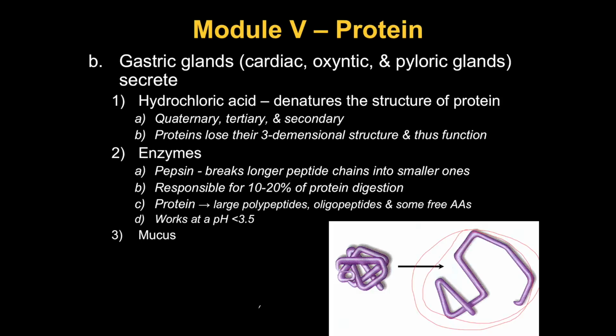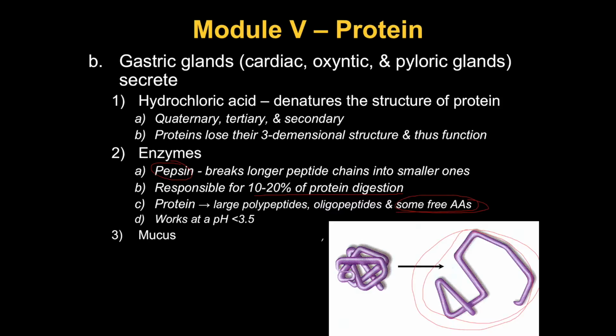So there are some enzymes in the stomach that are released. Particularly pepsin, again, is going to break apart these peptide chains into much smaller ones. And it's responsible for about 10 to 20% of protein digestion. So that's a pretty significant amount. Of course, the goal here, again, is to free up some of those amino acids.